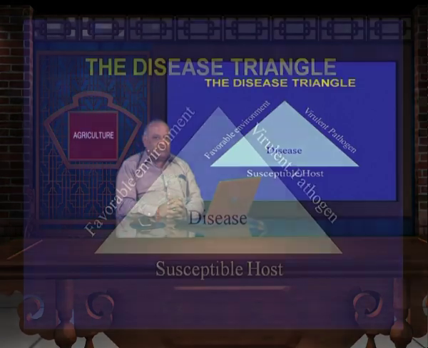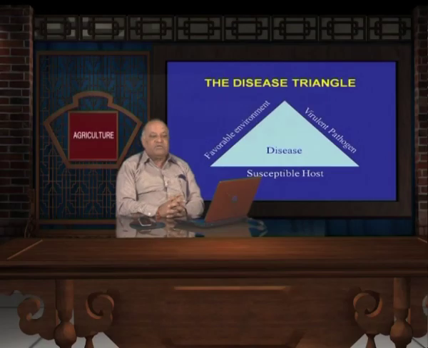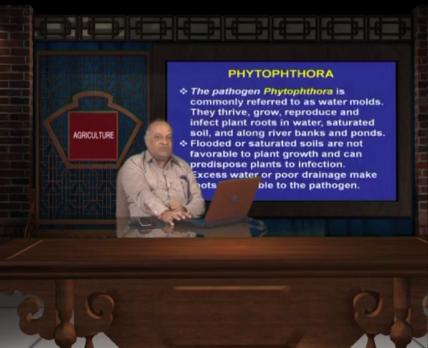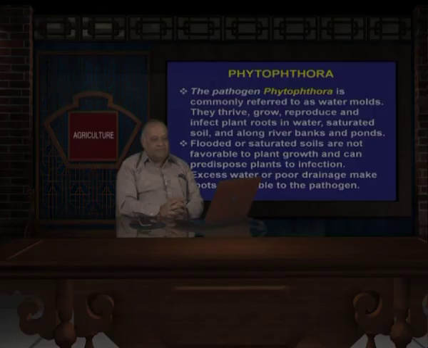The pathogen which has the capacity to infect the plant must be very virulent, otherwise the disease will not appear. So, this is the disease triangle, which shows that these three factors, environment, plant and pathogen, are in an equilibrium position and help in developing a disease.